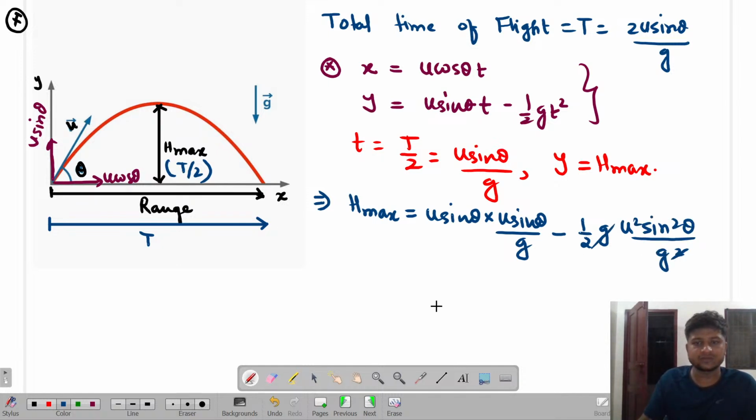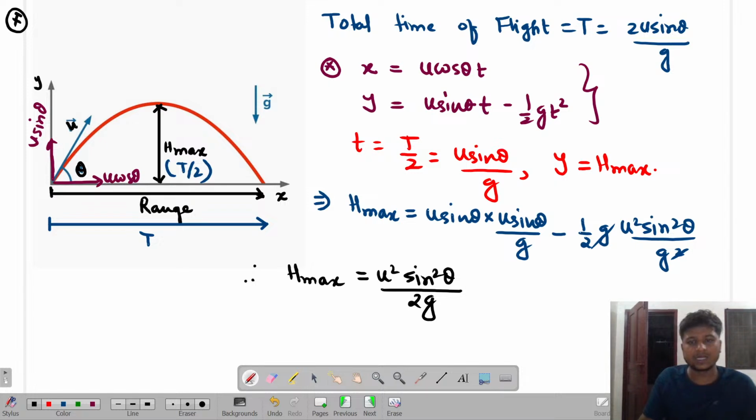The g square will cancel, and this is also u square sin square theta upon g minus half u square sin square theta upon g. So what am I left with? I'm left with h max is equal to u square sin square theta upon 2g. And that is the formula for maximum height of the projectile. Are you able to get me or not?